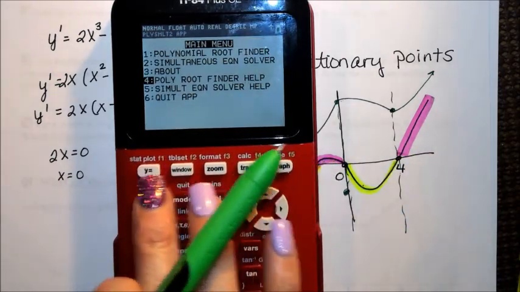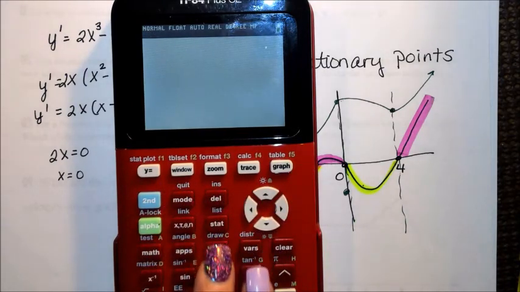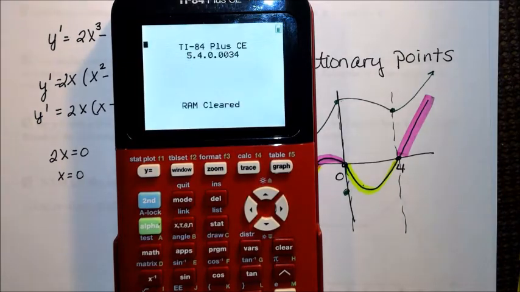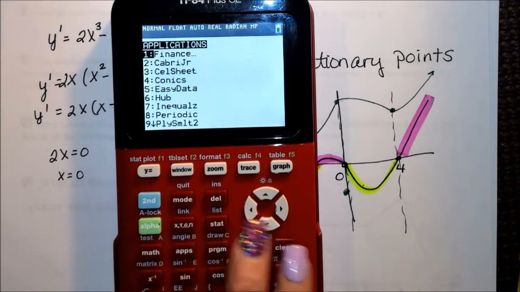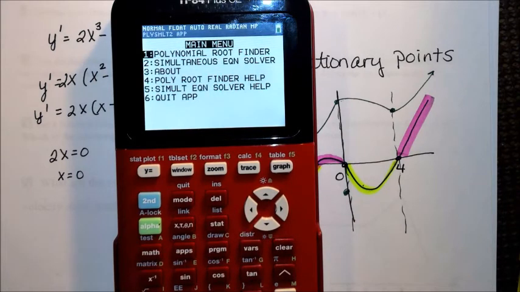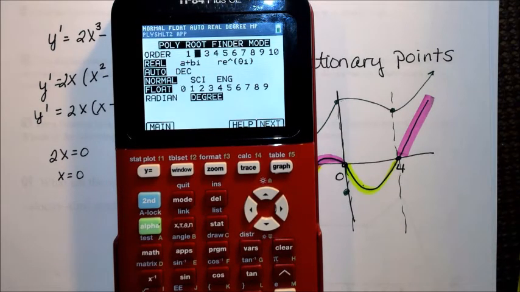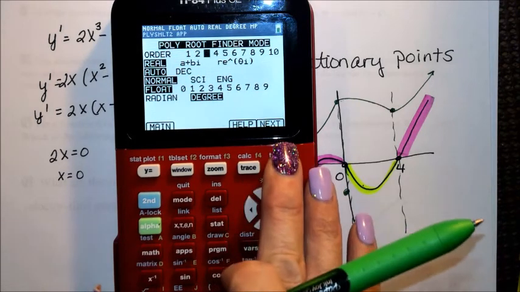Okay, let's second quit. Okay, so let's go to the apps. Actually, I'm going to do second plus 712 because sometimes your calculator gets all messed up. And maybe yours worked and mine didn't. So I'm going to do 9, and then I'm going to do the polynomial root finder of the 3rd degree. Move that over to 3rd.